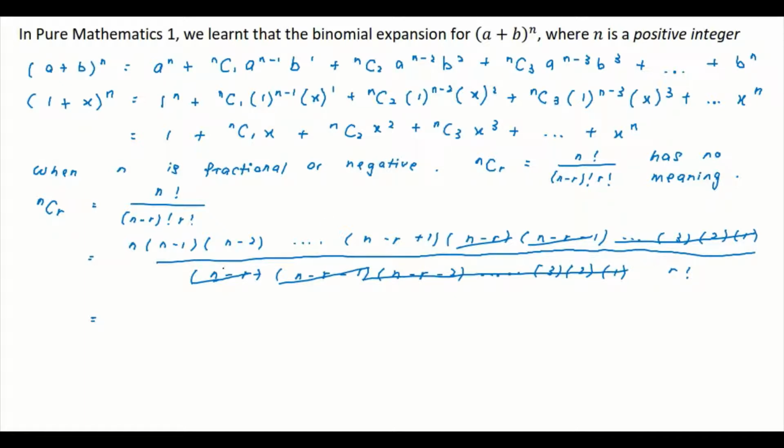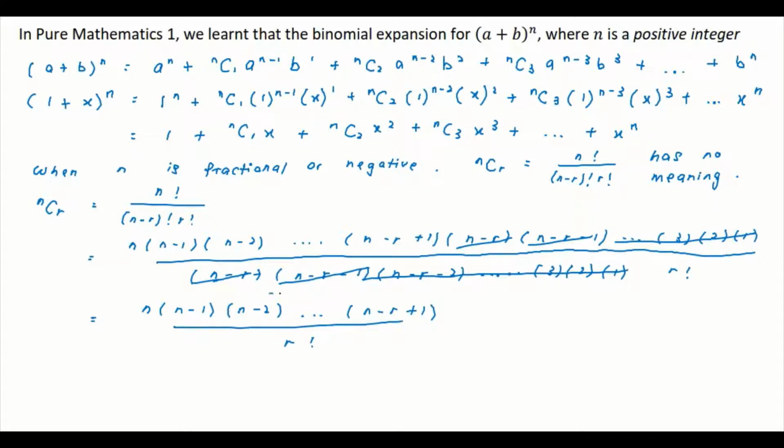Correct? So what do you have left? You are left with n, n minus 1, n minus 2, and the whole thing down to n minus r plus 1, divided by r factorial.